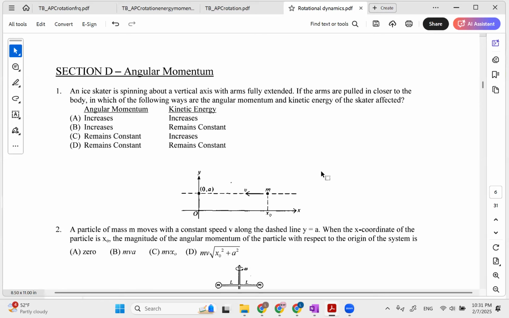C, angular momentum remains constant, kinetic energy increases. D, angular momentum remains constant, kinetic energy remains constant. So in this case, what will be the answer?